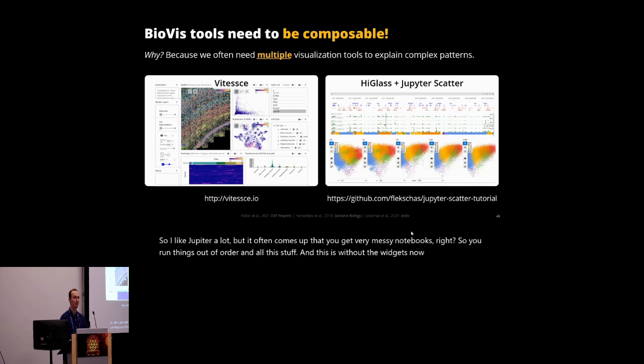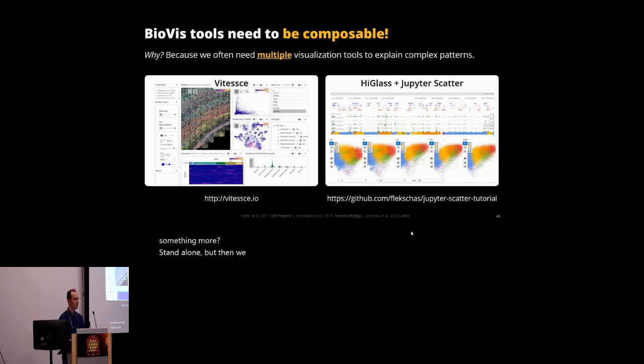I imagine that if I add in 5 more widgets that are all interconnected, you could really get something very messy, and very error prone to the user, right? Is it a good idea to use Jupyter in this way, or to set Jupyter as the standard for all these widgets? Or maybe we need something more standalone, but then we have this other problem, right?